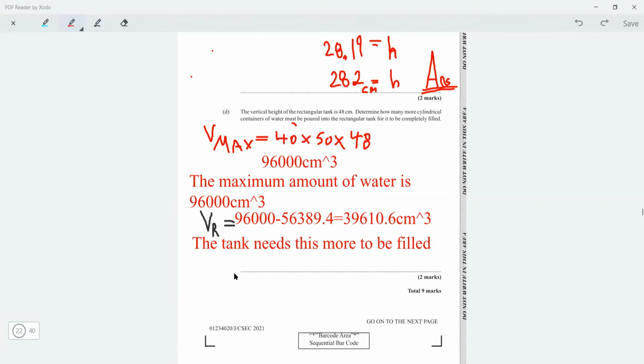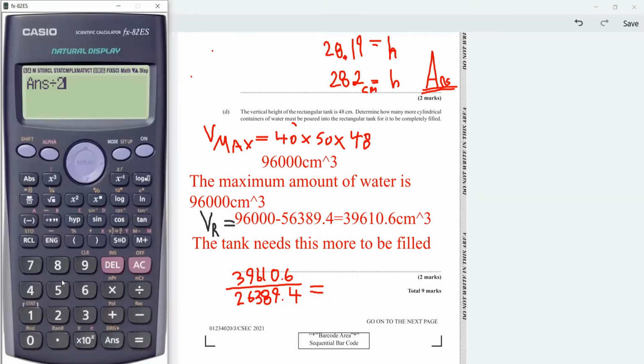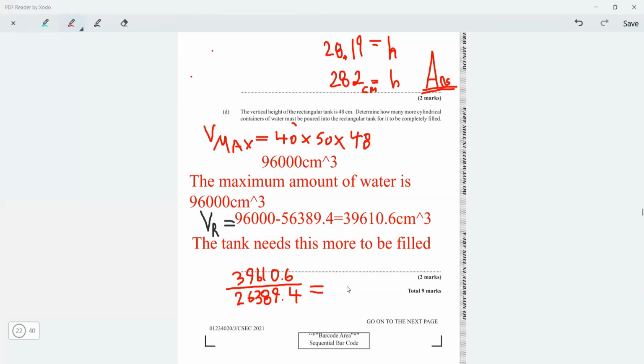We just need to divide. We divide 39,610.6 by 26,389.4, and if you put that in a calculator, we get 1.5.